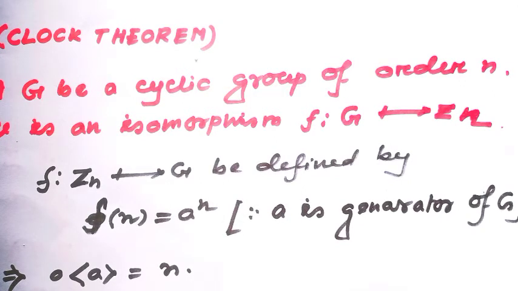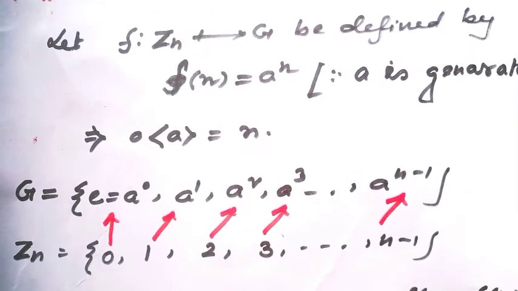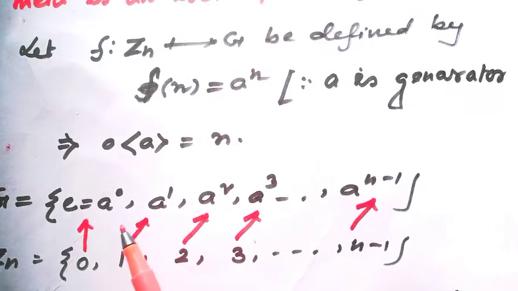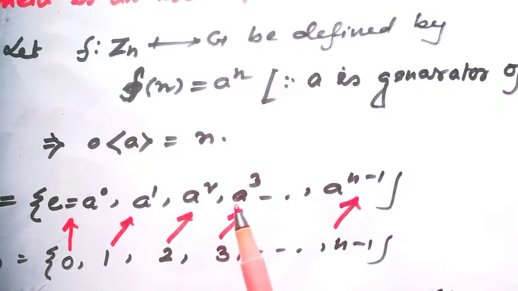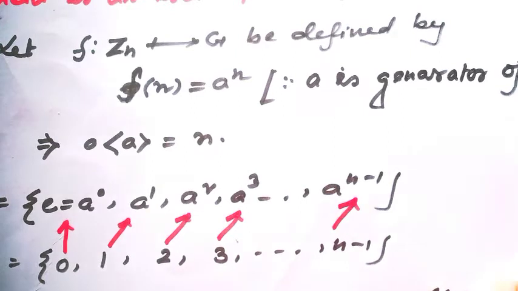This would be n. Then G equals e equals a to the power 0, a to the power 1, a squared, a cubed, up to a to the power n minus 1. And Zn equals, as all of us know, 0, 1, 2, 3 up to n minus 1. And look, there is always a 1-1 correspondence.